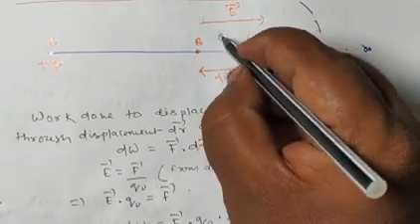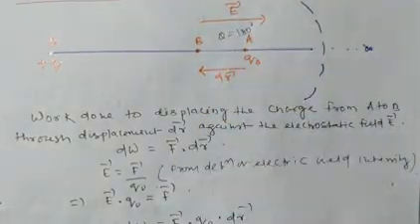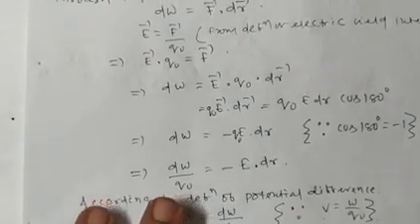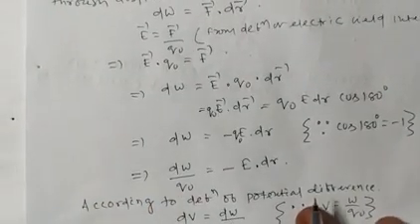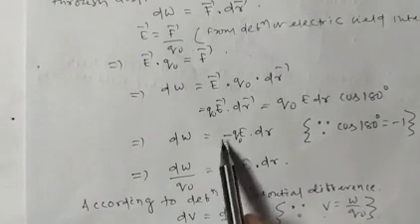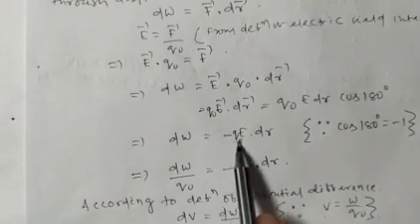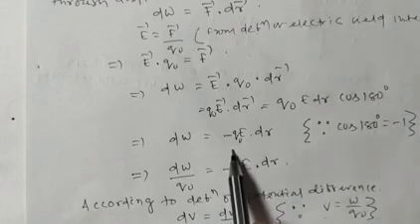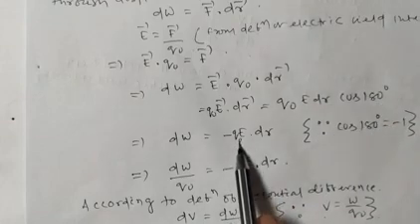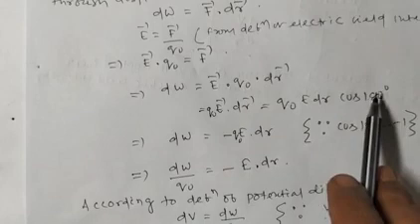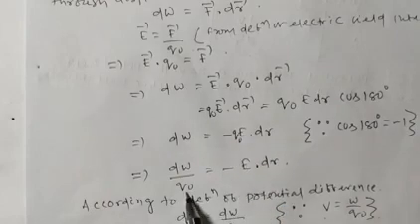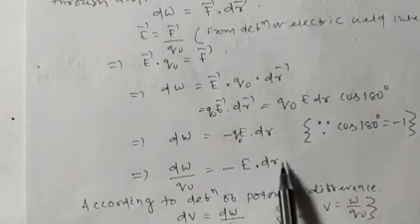So here theta equal to 180 degree. So I have to put this value: dW equal to q0 into E cos 180 degree. The value of cos 180 is minus 1, so dW by q0 equal to minus E into dr.